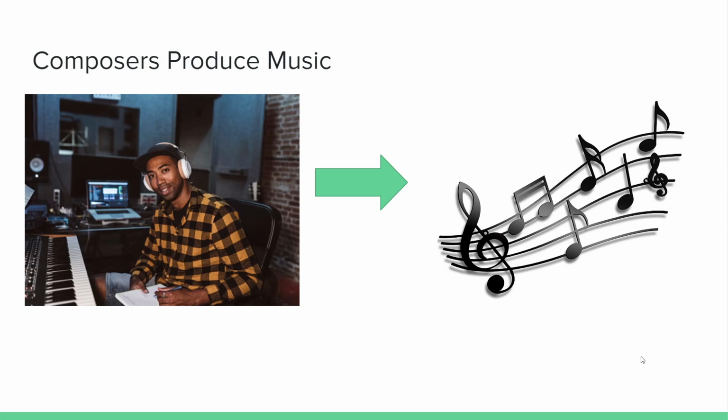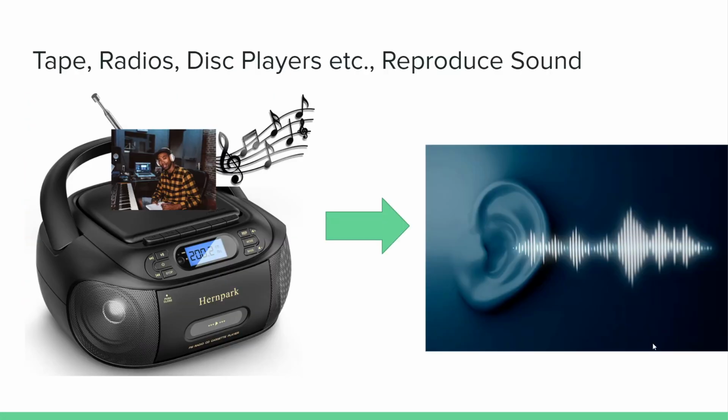They record people, they put it onto a format that you can then listen to on a CD player, the radio, tape, right? Nowadays it's all about streaming, but when you think about tape and recordings and radios, they're essentially reproducing sound. They're reproducing sounds that were already recorded and edited and mixed.